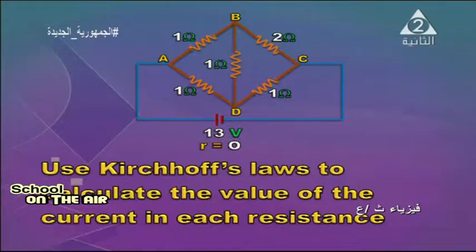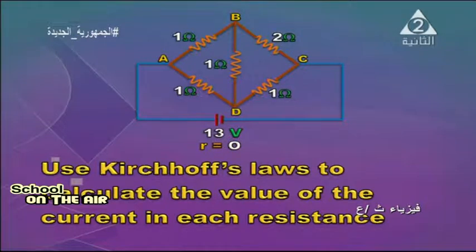The battery, and this is very important to bear in mind: the EMF of the battery is 13 volts and it is of negligible internal resistance, so the internal resistance equals 0. Use Kirchhoff's law to calculate the value of the current in each resistance.